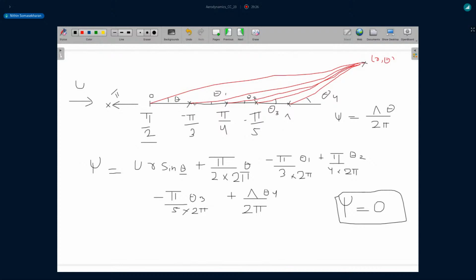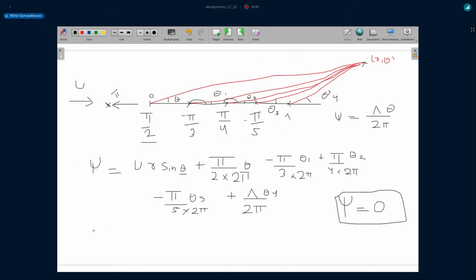Because if I take some point, my stagnation point over here, the angle extended from all these sources to this point would be nothing but 180 degrees, right? If you take any source, the angle theta, theta 1, theta 2, theta 3, theta 4, everything would be pi radians, right?